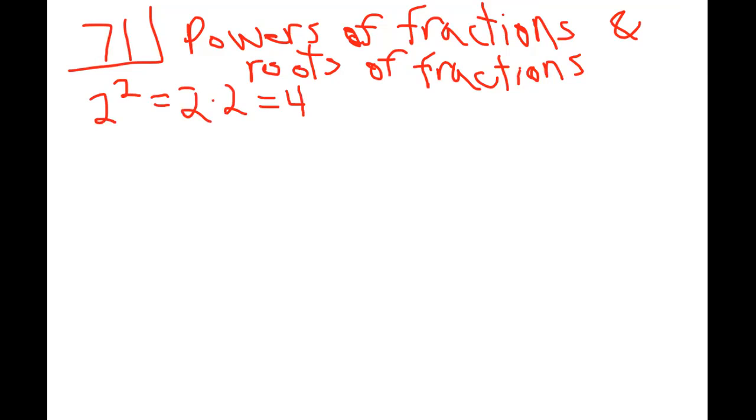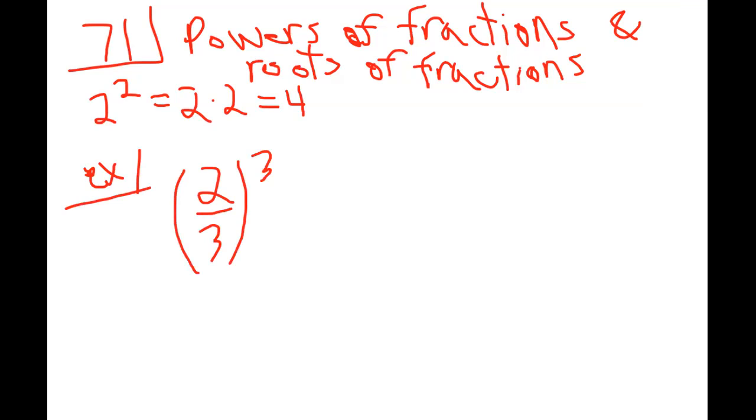So then if we were to describe something else, I guess I'll just write an example here. So if we had example 1 here, we have 2/3, and this is raised to the 3rd power. Right, so then we're going to remember what these things mean.